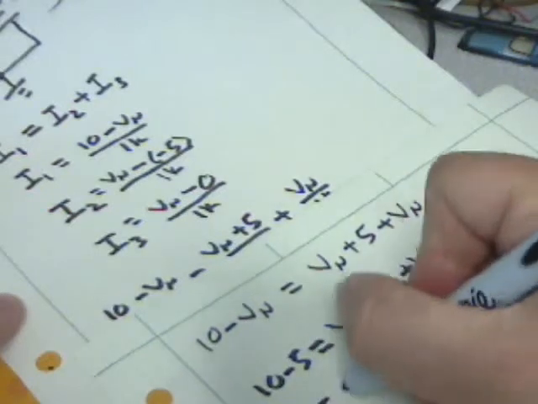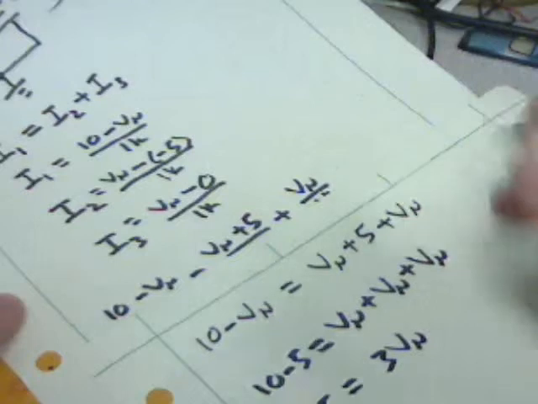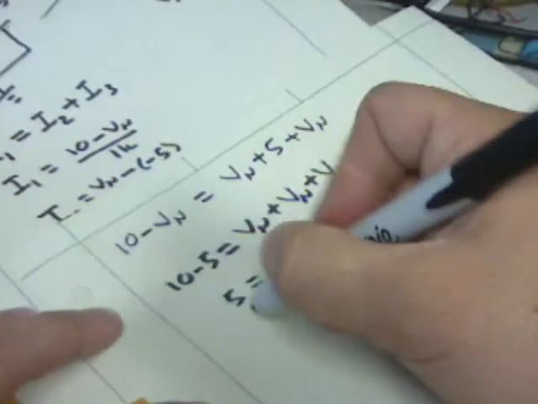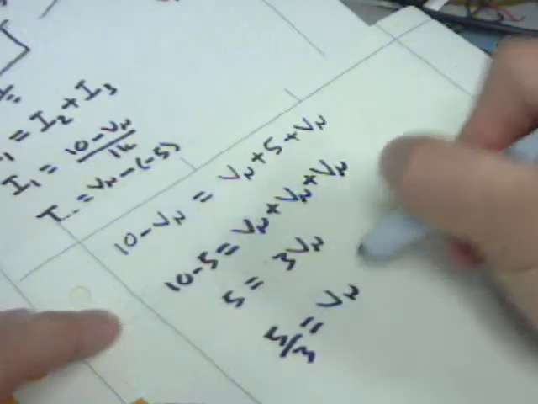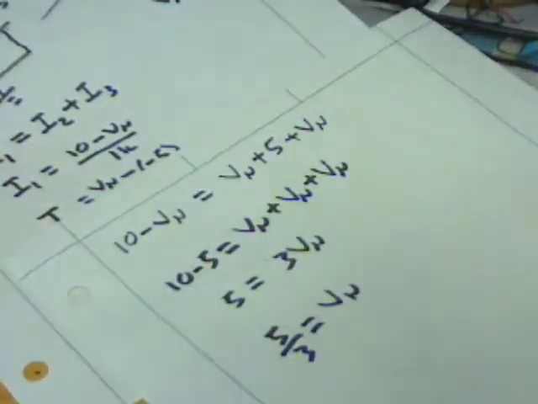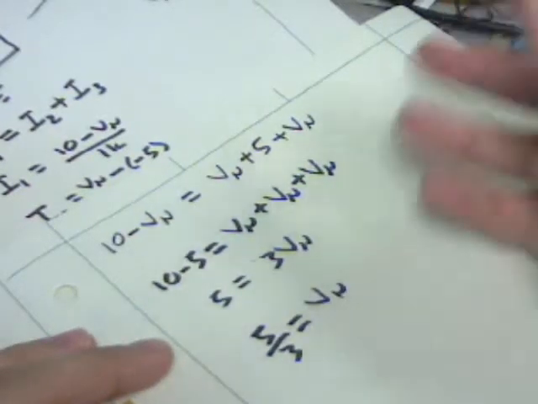And so you have 5 equals 3 Vn. And so Vn is just 5/3, which is 1.6 volts.